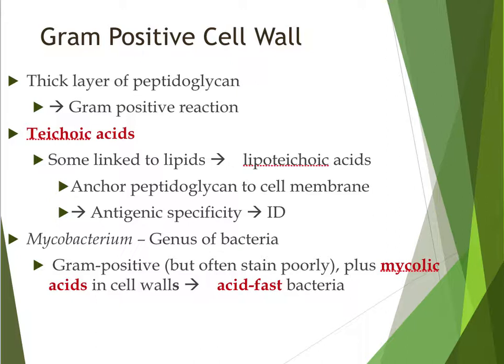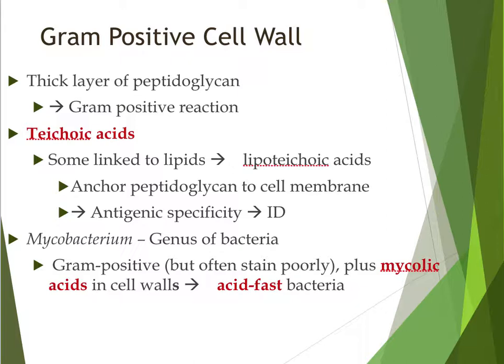Now, there is also a genus of bacterium we're going to be studying a lot in this semester called Mycobacterium. The reason Mycobacterium are important is that while they are gram-positive, they put something in their cell wall called mycolic acids, and that makes them something called acid-fast.